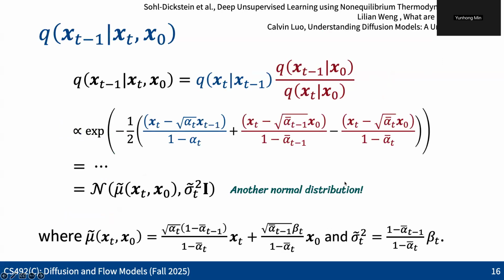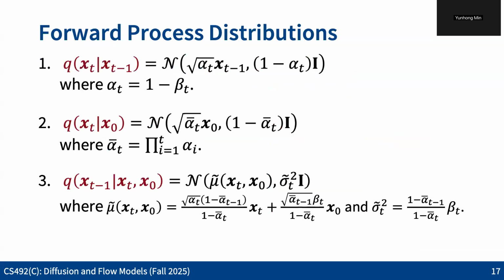After some slightly dirty math here, based on the closed form of these three distributions, it turns out that this distribution is also another Gaussian distribution, for which the mean and the variance are defined in that way. So, interestingly, everything is Gaussian here, but now we have a slightly more complex mean and variance. These are the main distributions that we are going to see in the fold process.